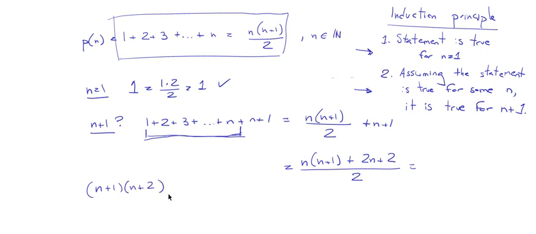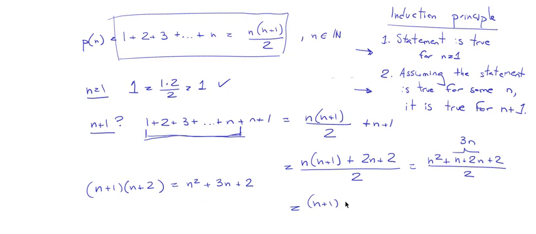If you expand n plus 1 times n plus 2, you get n squared plus 3n plus 2. Now if we expand this, it is n squared plus n plus 2n plus 2 over 2. So this is 3n, and this is the same as this. So this is the same as n plus 1 times n plus 2 over 2.